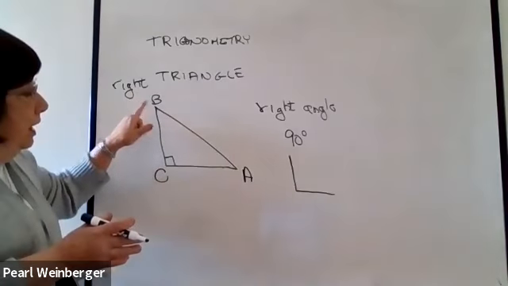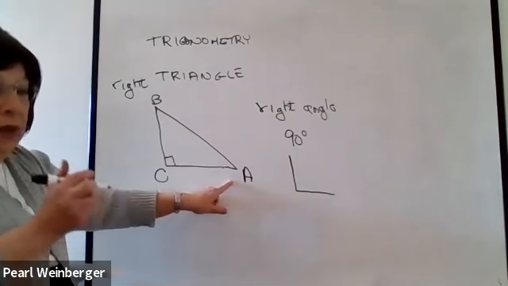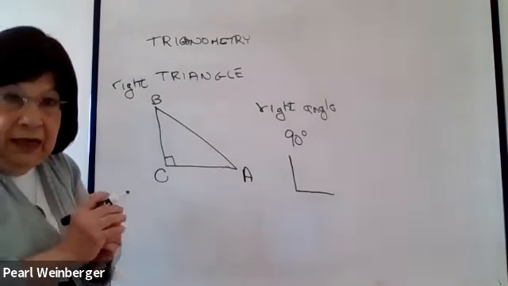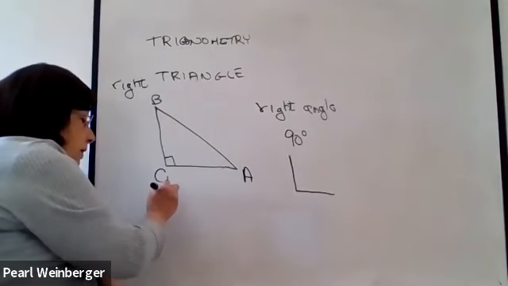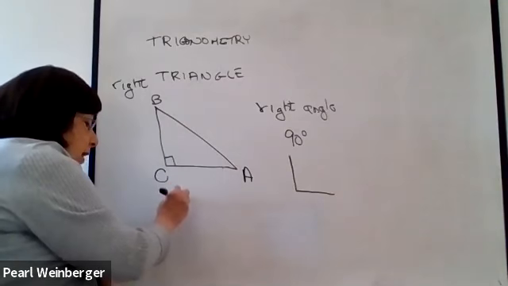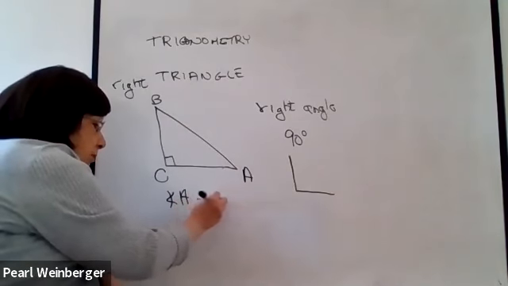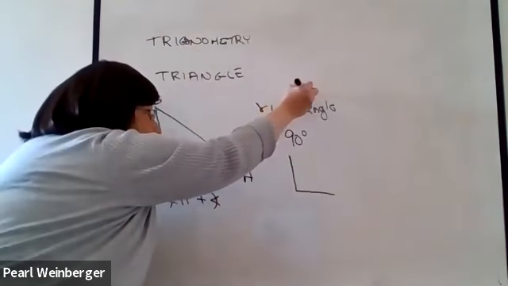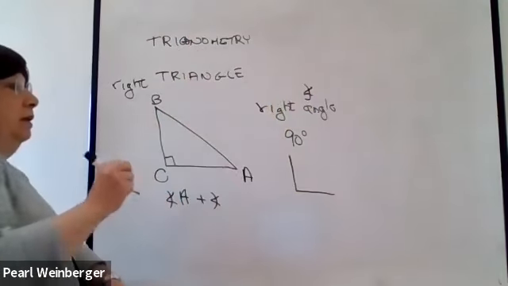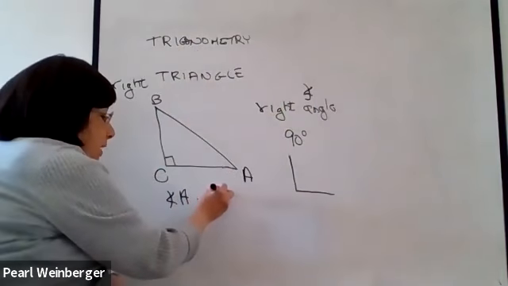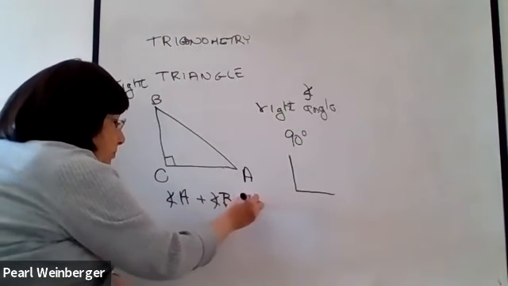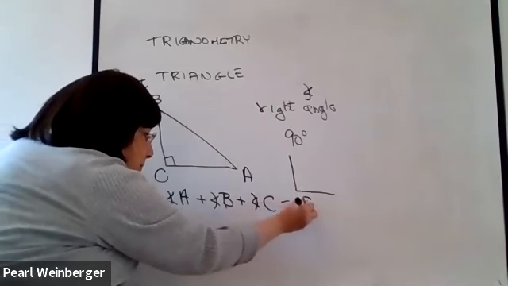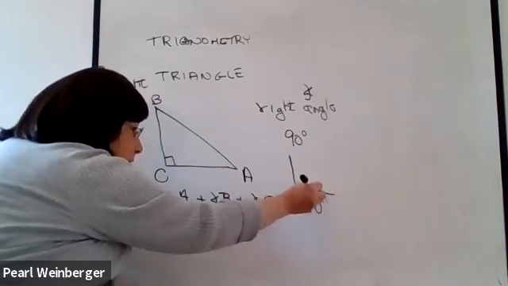How do I know that the A and the B have to be less than 90? Because in any triangle, not just right triangles, the sum of angle A plus angle B plus angle C always adds up to 180 degrees.